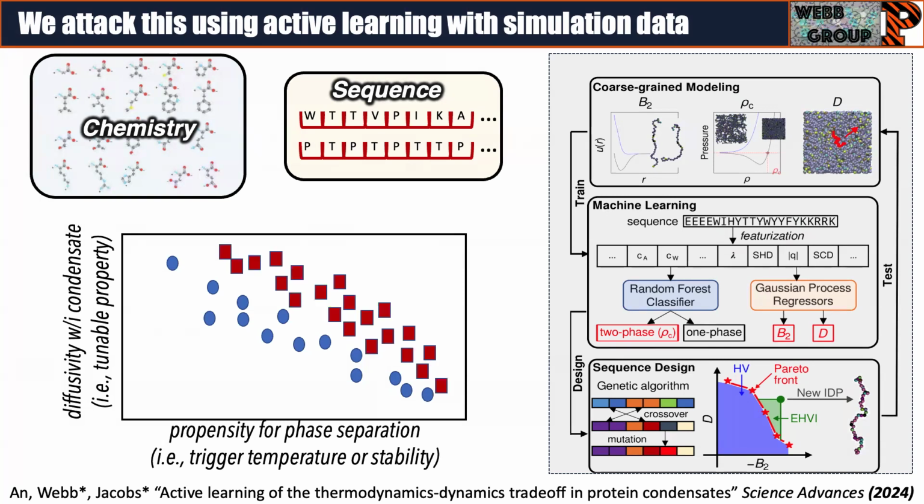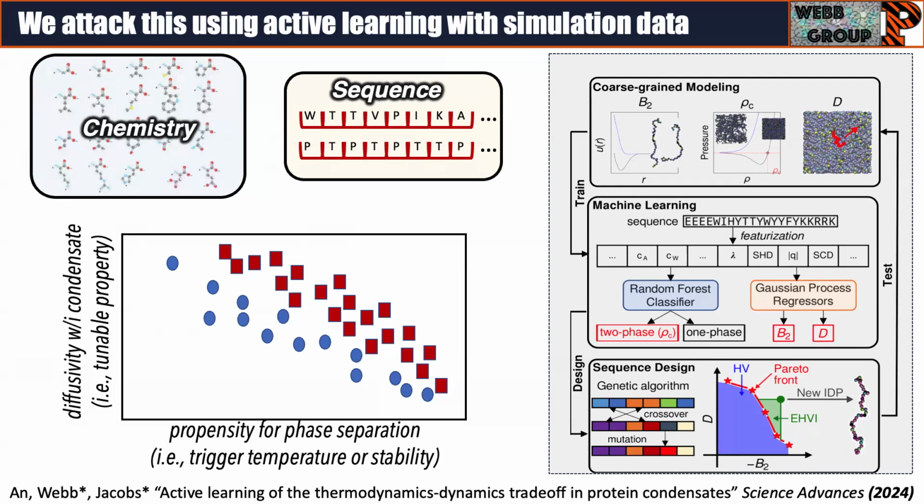Can we perform a search, which is going to be guided by this sort of framework shown on the right, where we want to see how far we can get to find sequences, protein sequences that simultaneously, for example, are the fastest that they can go, yet have the strongest propensity for phase separation. And if we do that, then this dynamic range between whatever we find here and what's down there, that's sort of a region of tunability, if you like, where we could have stuff that phase separates at approximately the same temperature, but exhibits a different underlying materials property. This is sort of the rationale.